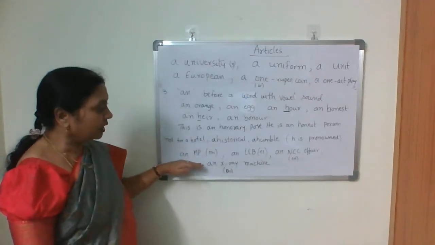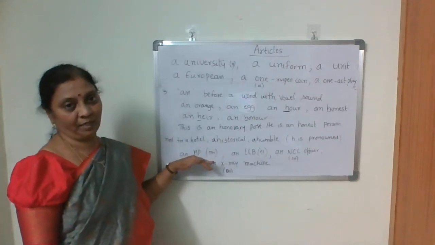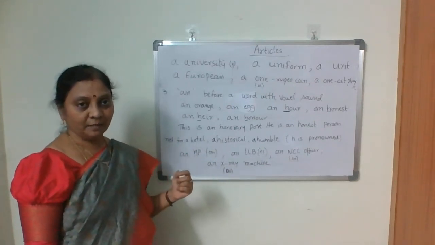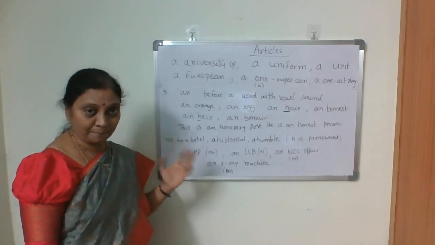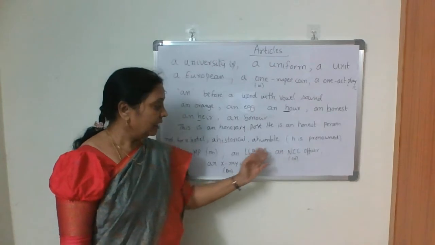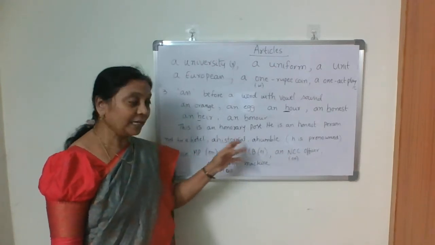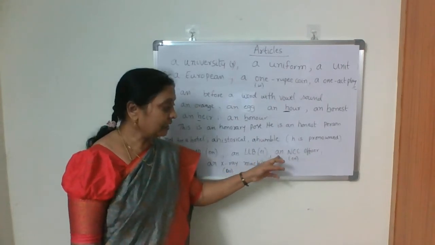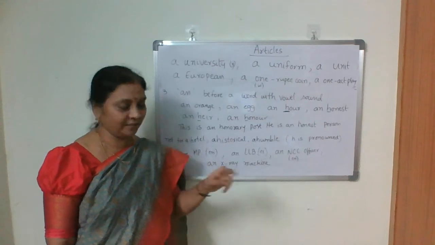You remember that. Then for abbreviations like MP, an MP. The M, whenever you say it, is "em", isn't it? Like that, L, "el" pronunciation is coming. So an LLB. Similarly, an NCC, N, "en".